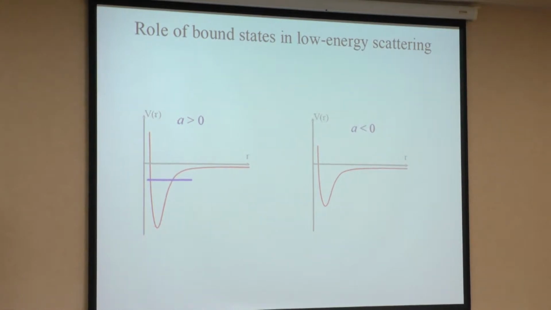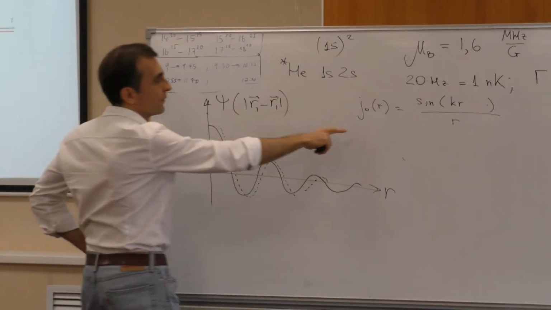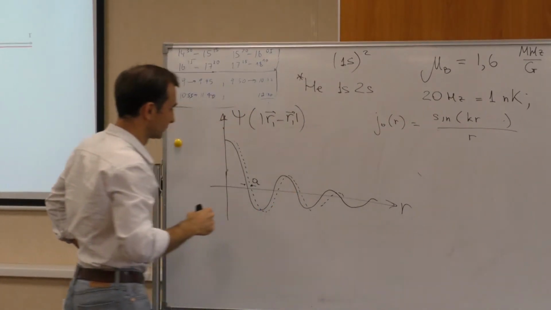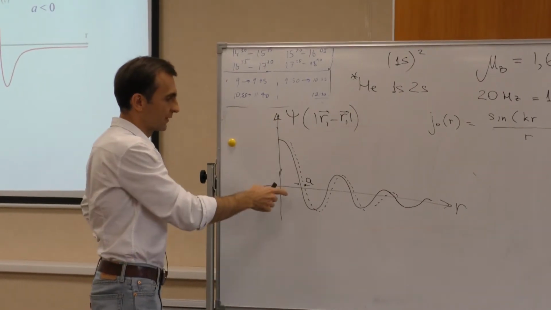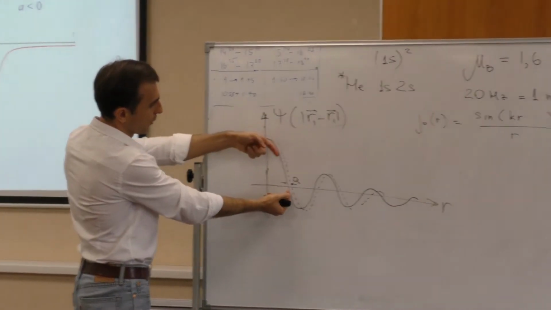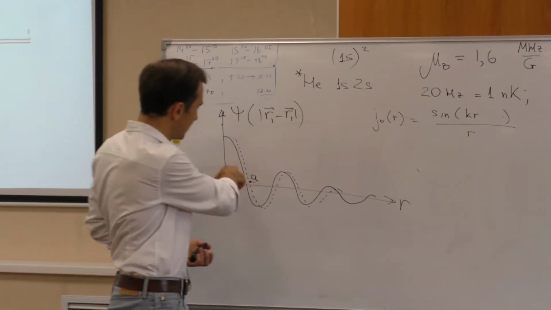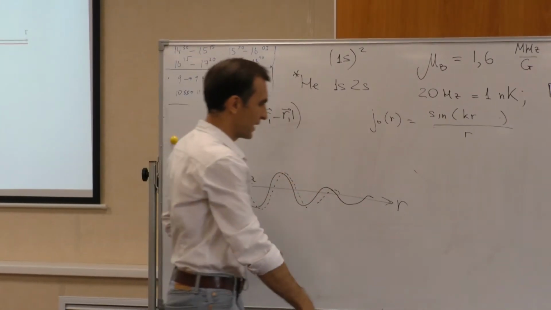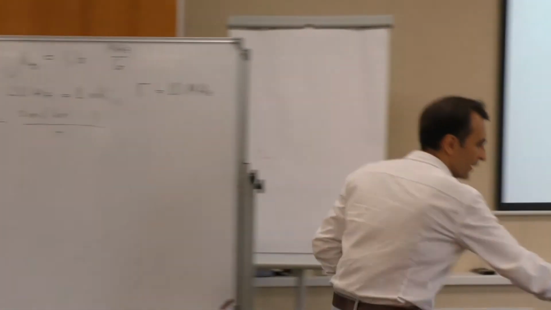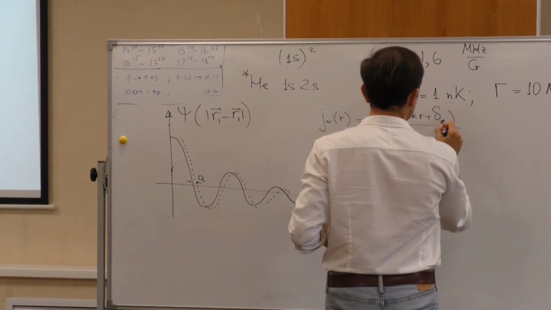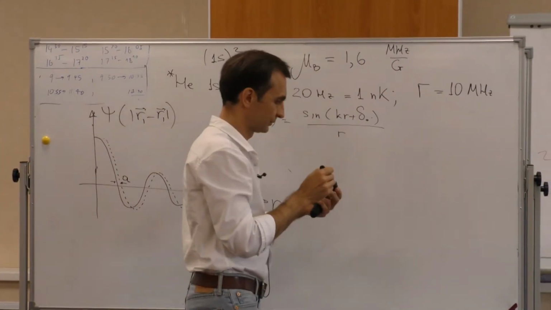In this picture of the zeroth spherical Bessel function, negative scattering length means the wave function is sucked in. By the way, this modification of the Bessel function can also be described by adding a phase shift.